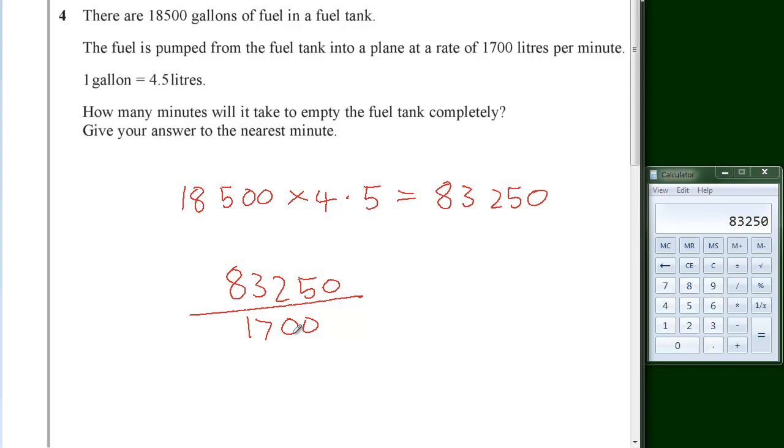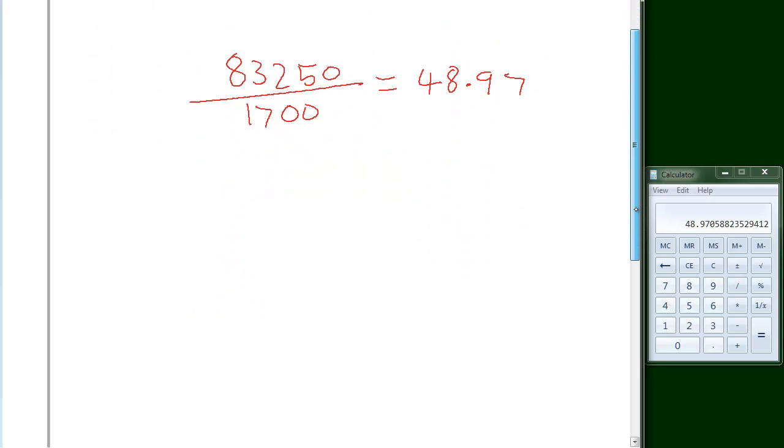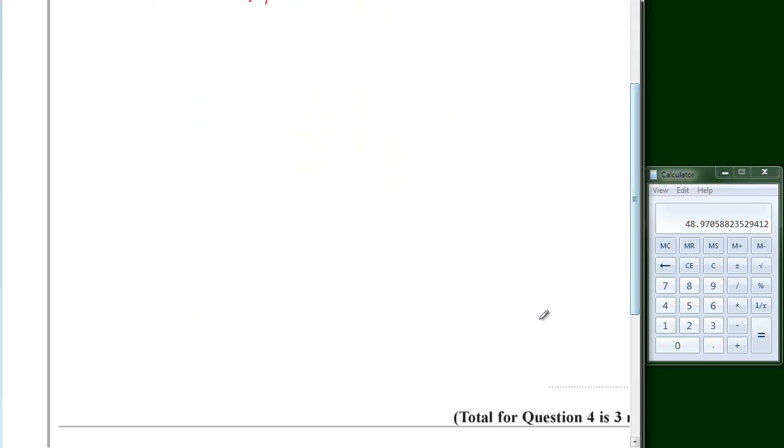So back to our calculator. 48.97 minutes. And they said to the nearest minute, so it's going to be 49. Okay.